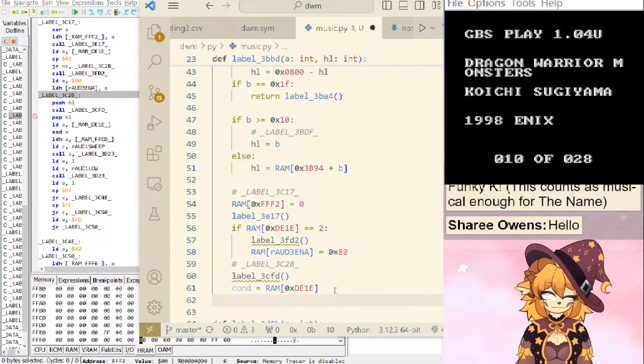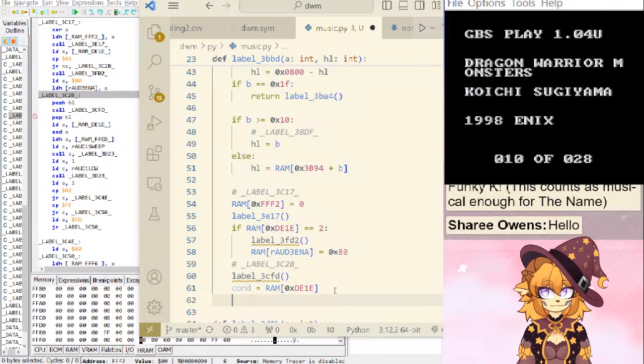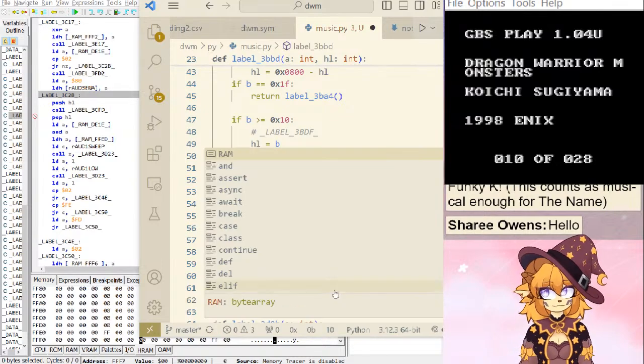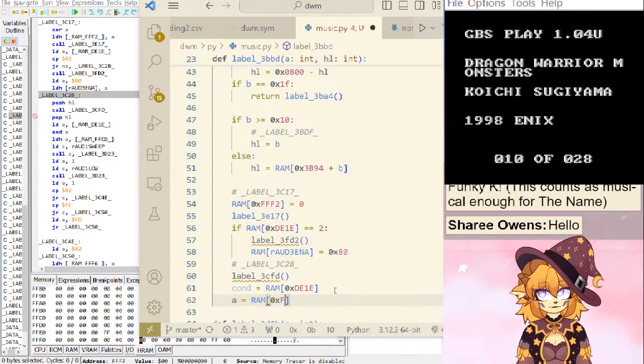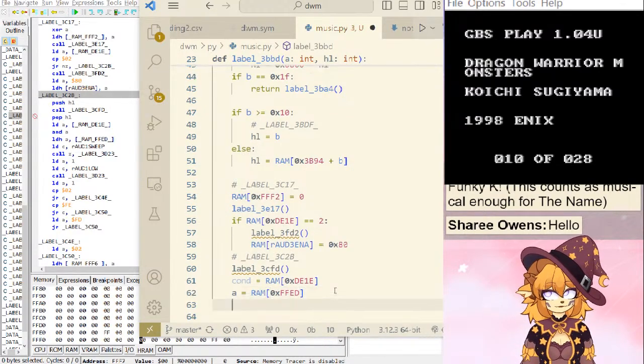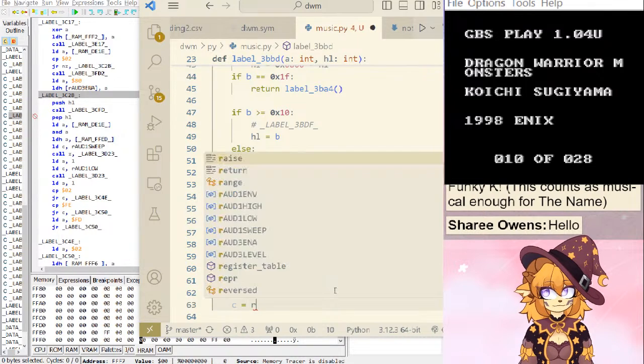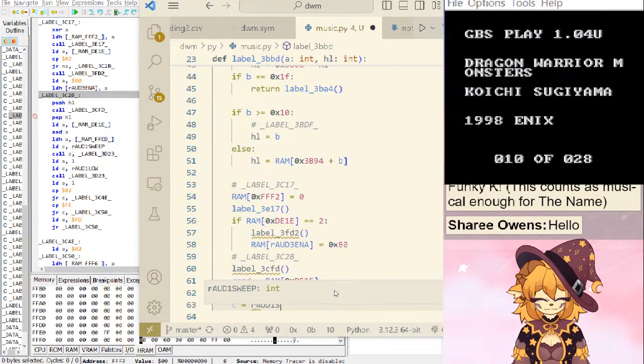And then A equals RAM 0xFFED and C equals R odd one sweep.